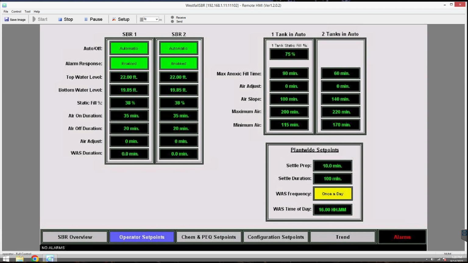Gotcha. Yeah. So what we're struggling with mostly, it's not that the plant lacks capacity. It's a 374,000 gallons a day hydraulic capacity plant. We're only running at like 90 to 100,000 gallons a day.